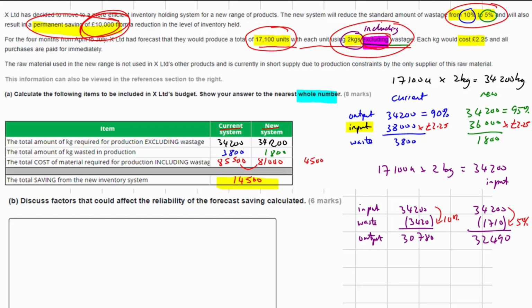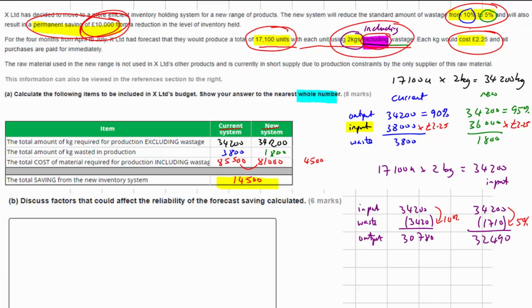Again, our production process may be variable, and actually we may have a little bit more, or a little bit less for each item we produce. We're also making an assumption about how much it costs per unit. Well, again, that's a future assumption. We don't know how much it costs. We may have a contract with our supplier for that, but that may be affected by inflation in the future.